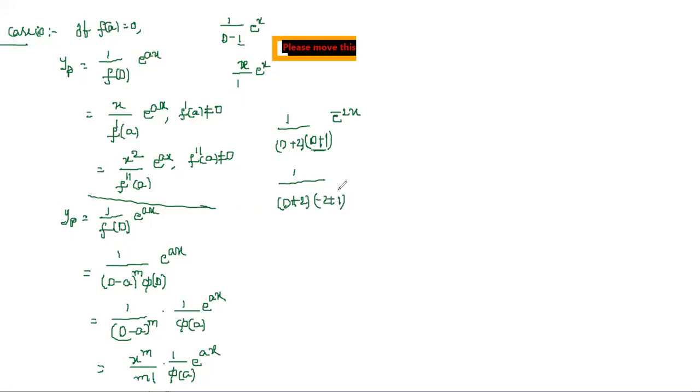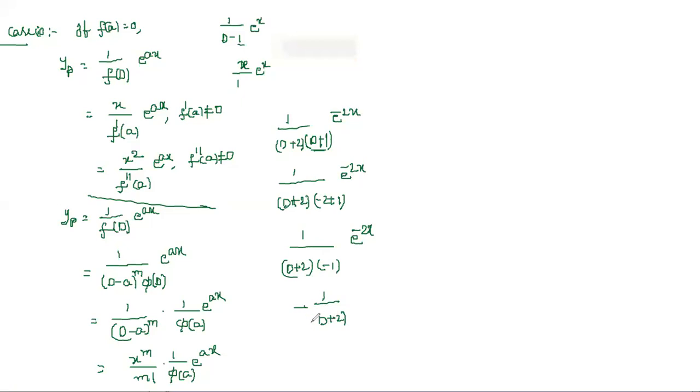So in place of d, we can substitute minus 2 here. Why? Because here it is not equal to 0. Then 1 by d plus 2 into minus 2 plus 1 is minus 1 into e power minus 2x. Okay. And now here it is minus 1 by d plus 2 into e power minus 2x.